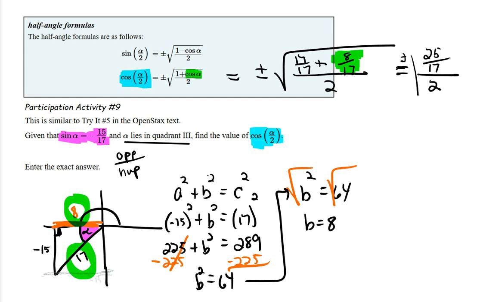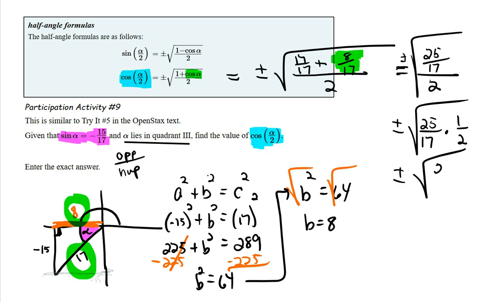That's plus or minus the square root of that. If you have 25/17 divided by 2, that's the same thing as 25/17 times 1/2, still underneath the square root. So this would be the square root of 25 over 34.